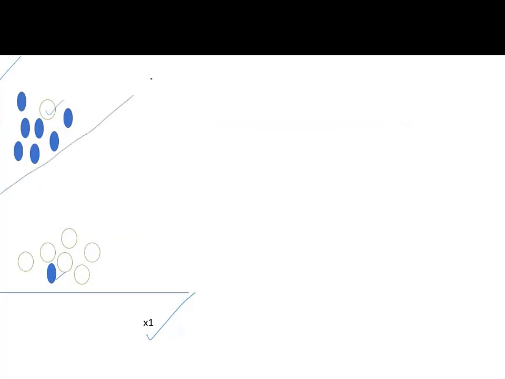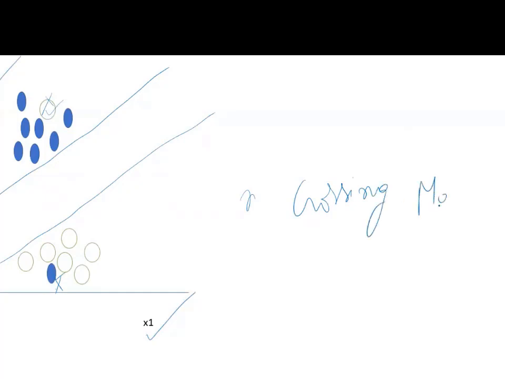If you try a line, this is wrongly predicted, this is wrong, and this is also wrong. These two are beyond our line. We say they are crossing the margin.